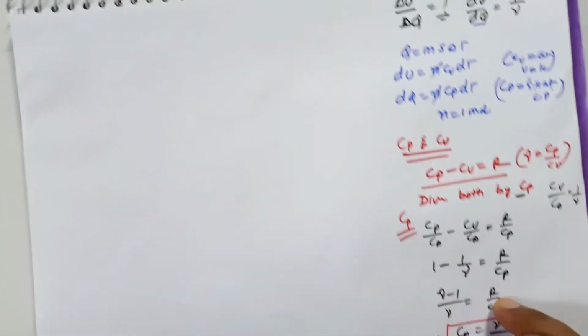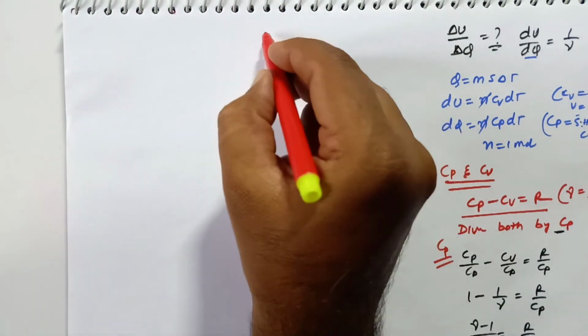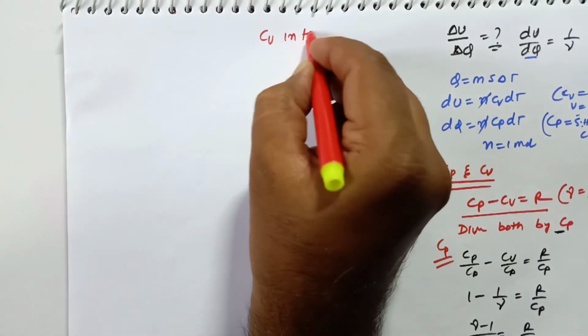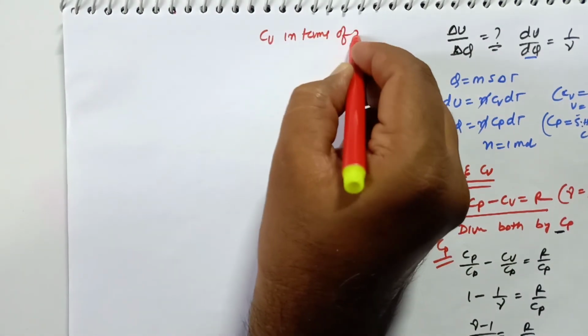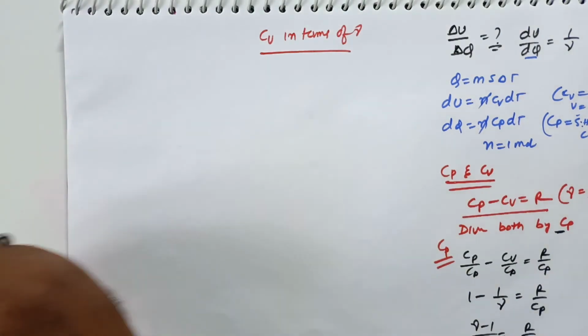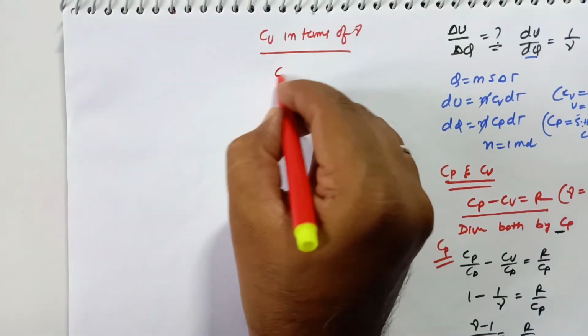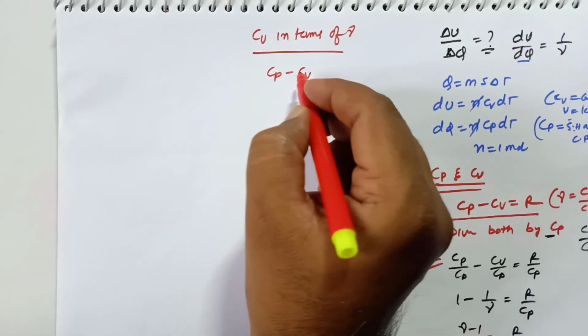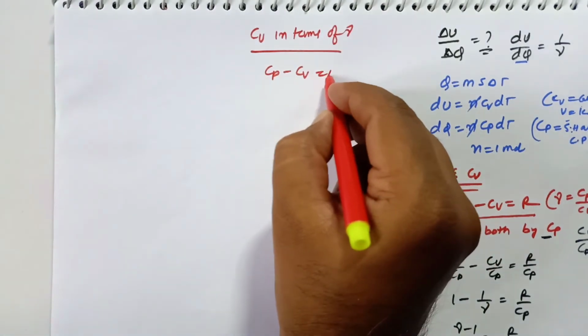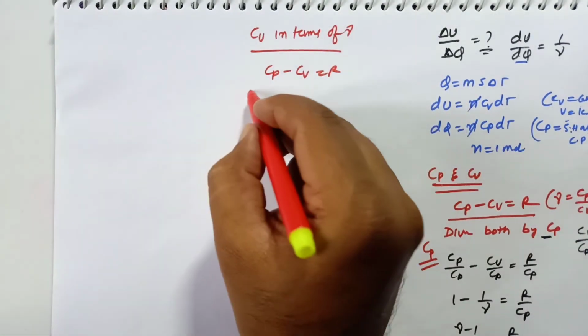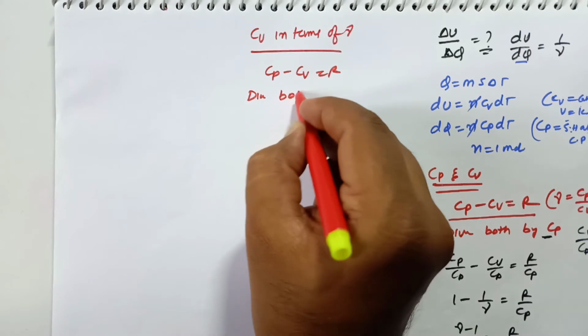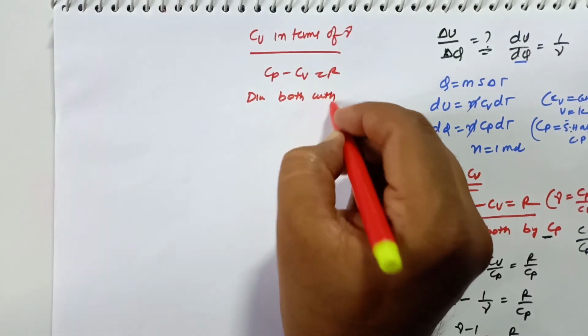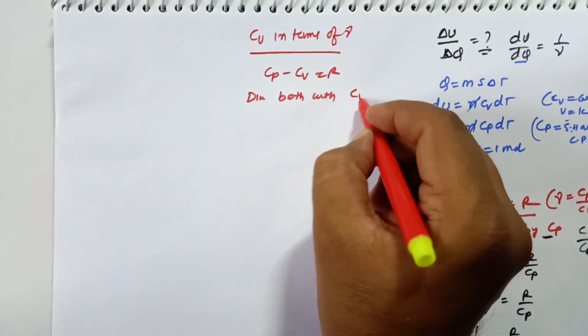Next, we shall discuss the value of Cv in terms of gamma. How are you going to find out Cv in terms of gamma? For that, the basic formula is the same. Cp minus Cv is equal to R. Okay. But in this case, divide both with Cv.